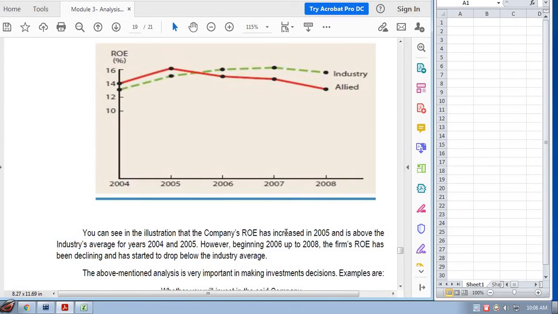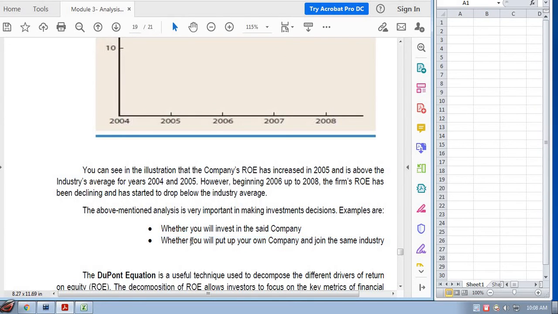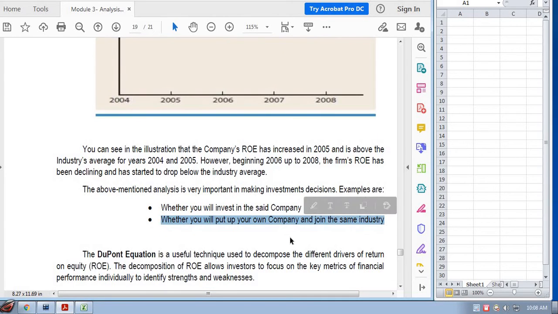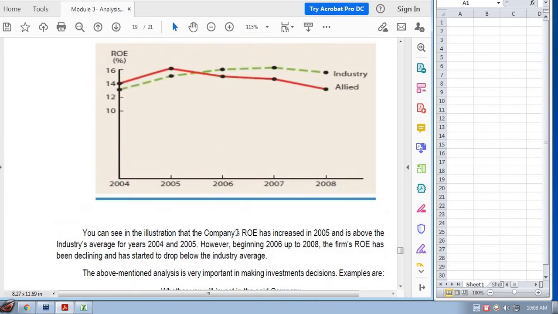It depends on your resources. If your resources are just enough for investing in another company, then you may or may not, depending on your analysis. But if your resources are large and you see that the industry is profitable, then you may decide to put up your own company in the same industry and compete with the others.